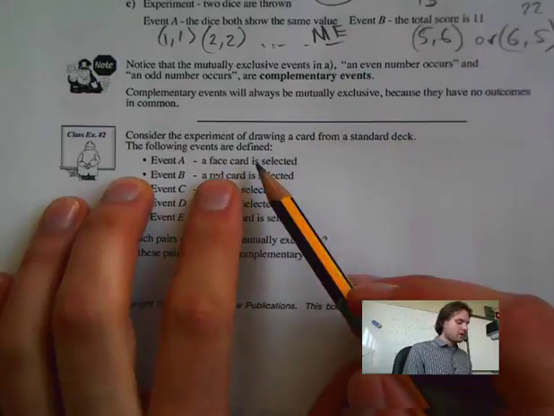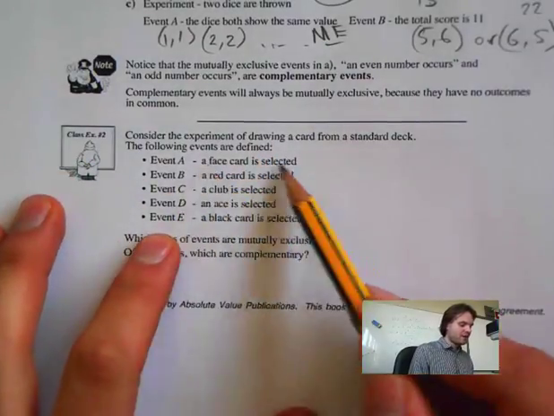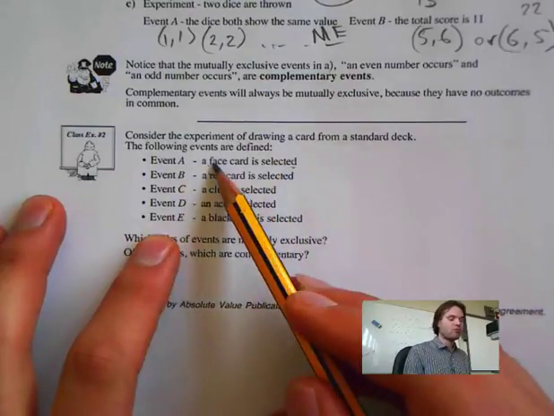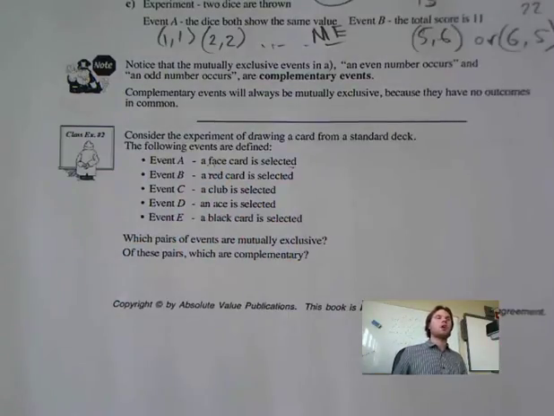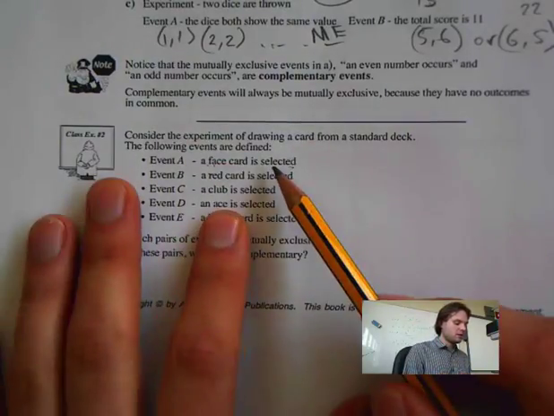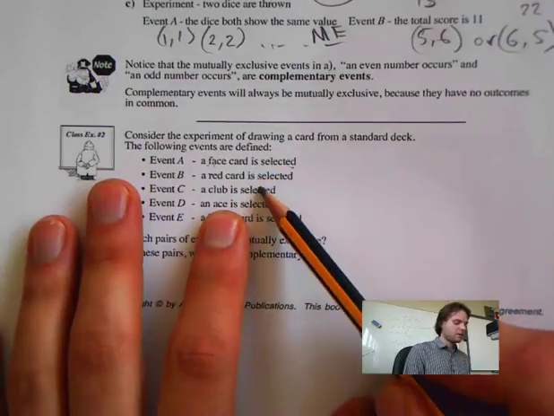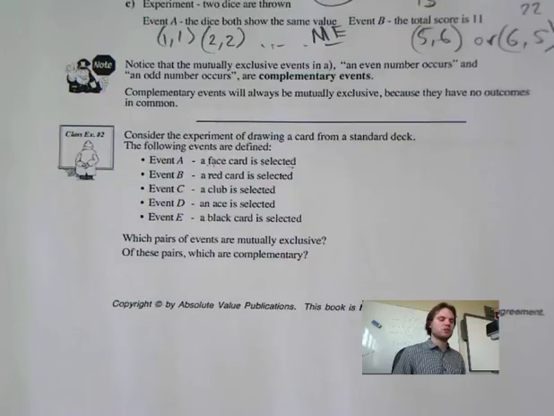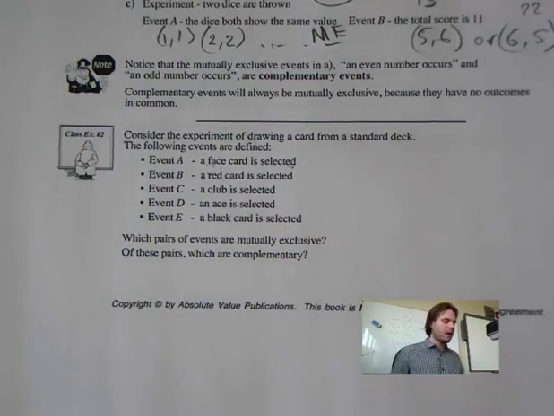So here we go. We're going to look at event A, a face card, and a red card. Well, those aren't mutually exclusive because there are red face cards. Your King of Hearts is a face card and your King of Diamonds, those are face cards. Same with your Queen of Hearts, Queen of Diamonds. Alright, so a face card and a club. Those are also not mutually exclusive because there's an overlap.